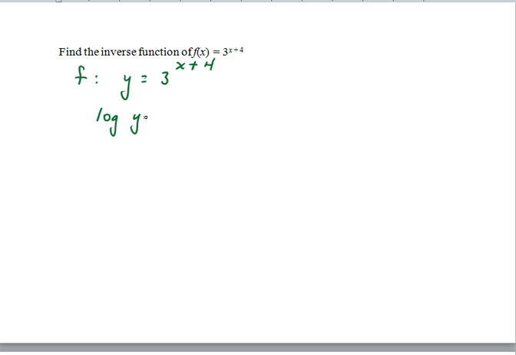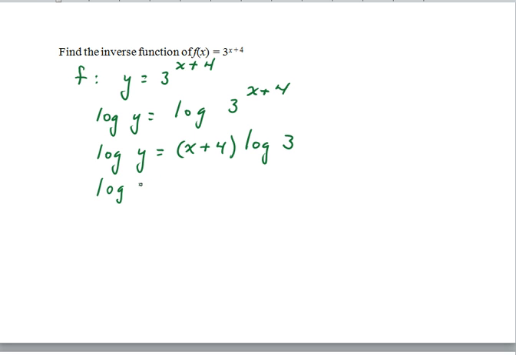So the common log of y equals the common log of 3 to the x plus 4, and the exponent rule for logs says that we can bring the exponent x plus 4 down times log of 3. Now we distribute the log 3 to get x log 3 plus 4 log 3.